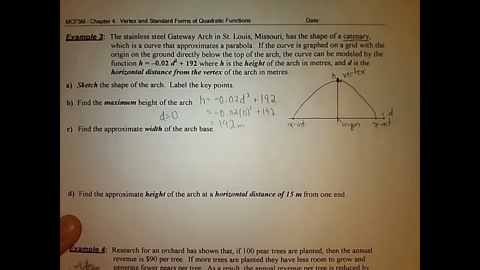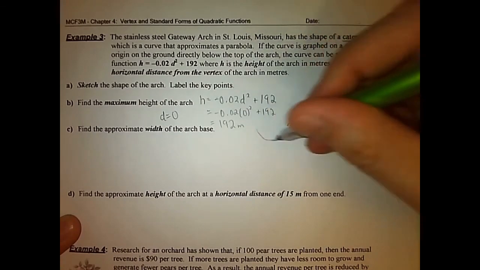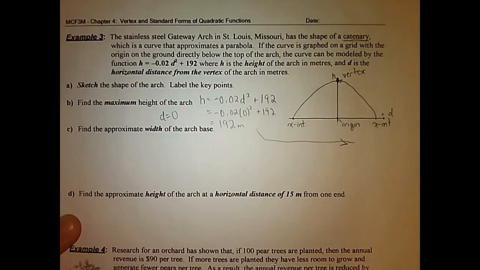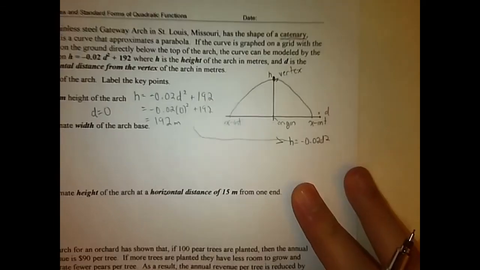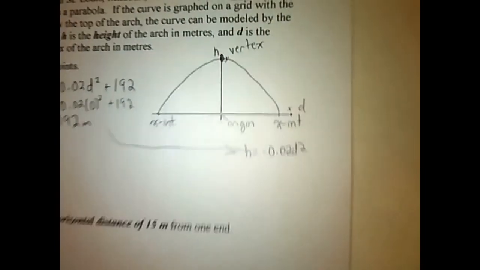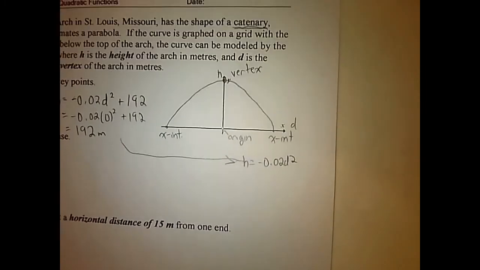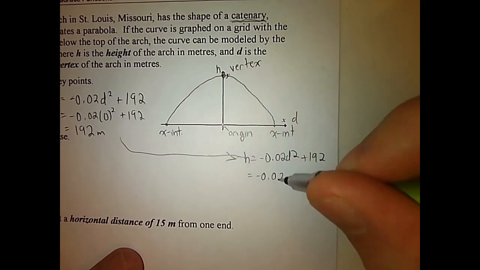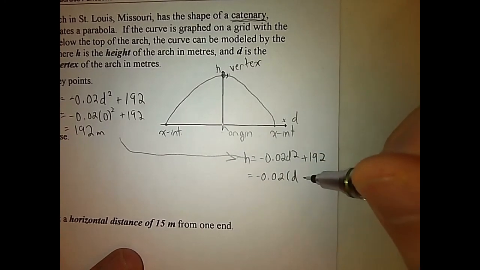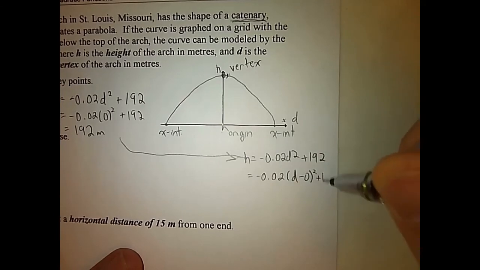Just for your own interest, this isn't part of this, but this equation can be viewed in a couple of different forms. This is technically in vertex form as well, plus 192, except we just don't have any brackets around here. But this is the same as saying d minus 0 squared plus 192.